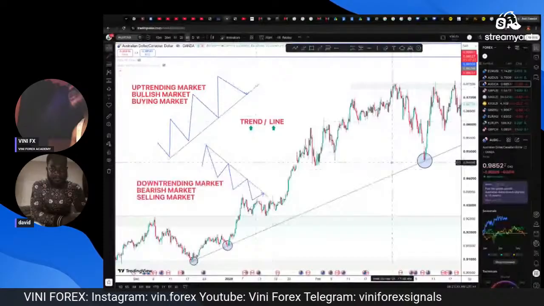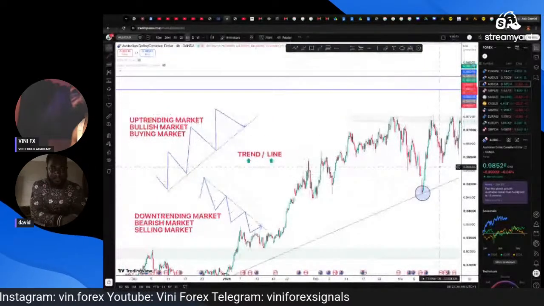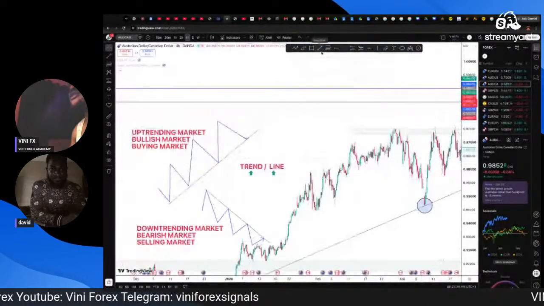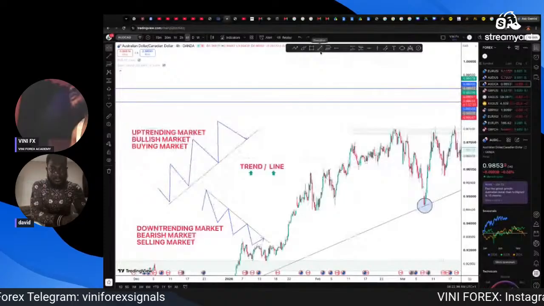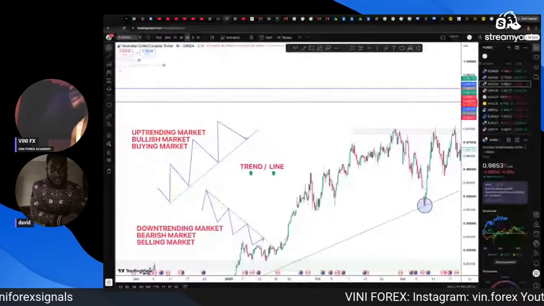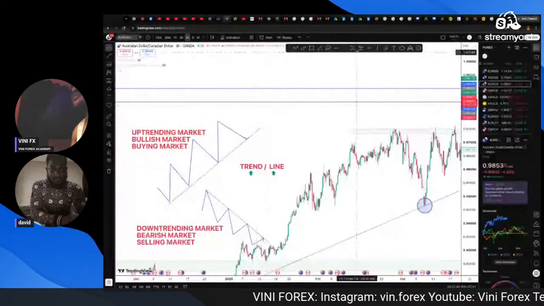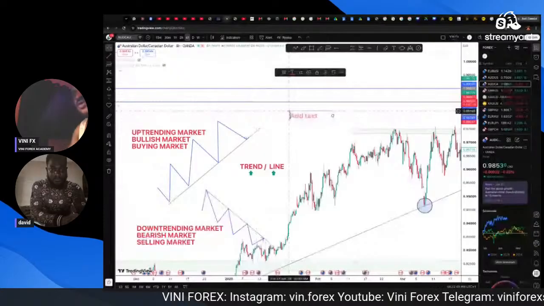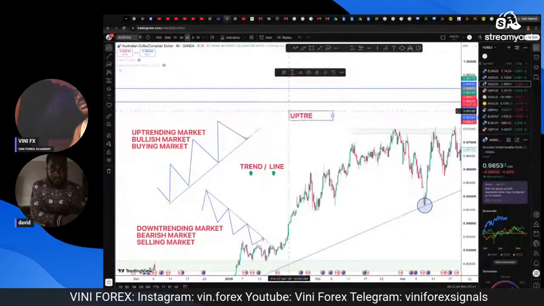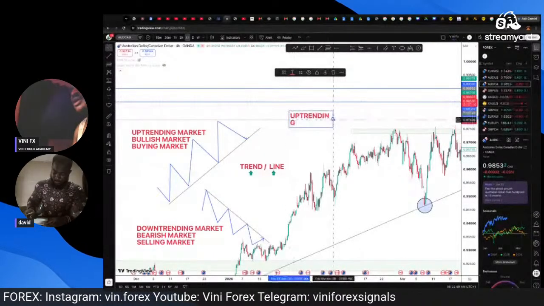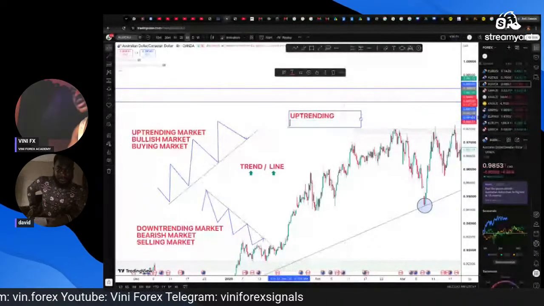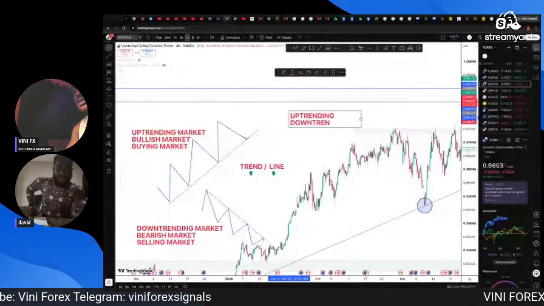Now there are two types of market movement in the forex market. One is an uptrending market. Again, one is a what? A downtrending market.